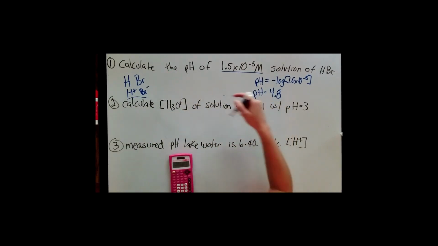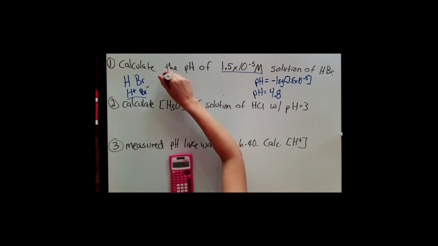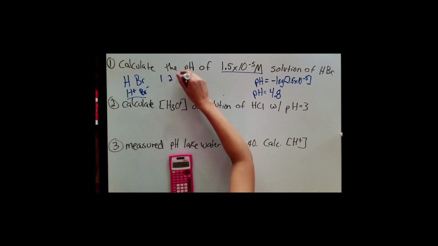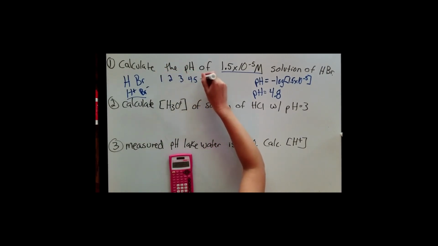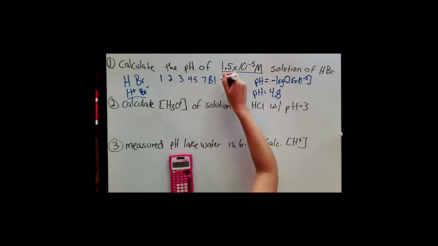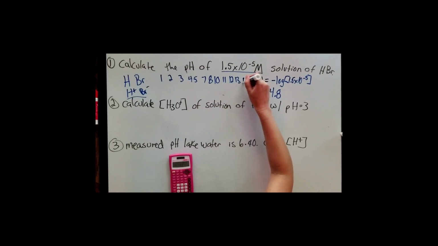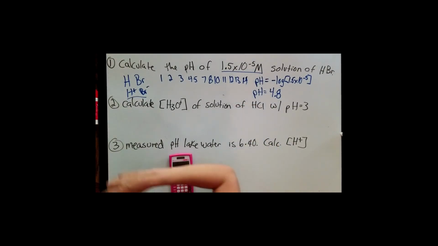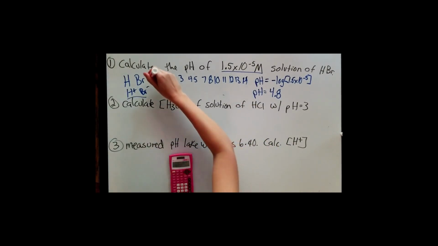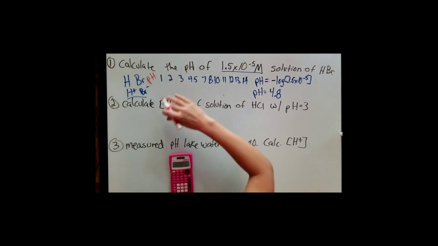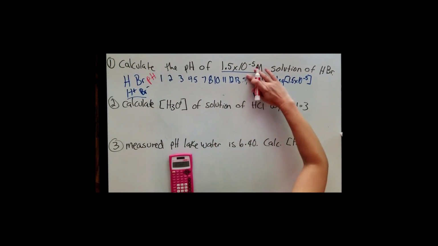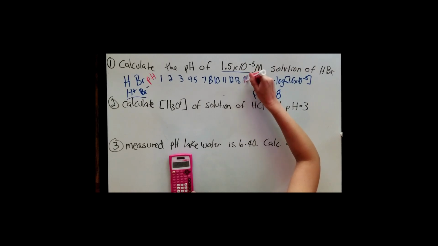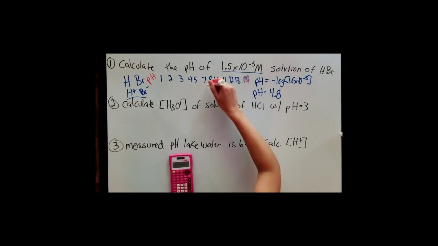Well, we've calculated the pH, and the pH will tell us. What I have written here is my pH scale, and if you've watched the PowerPoints, I've explained this in more detail there. My pH scale goes from 1 to 14. 7 is neutral.